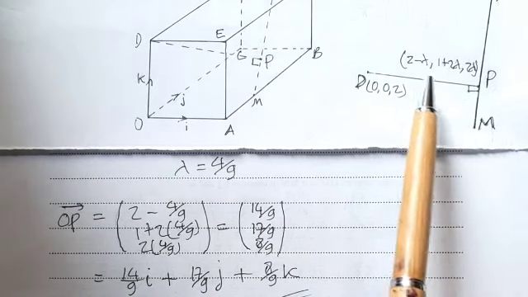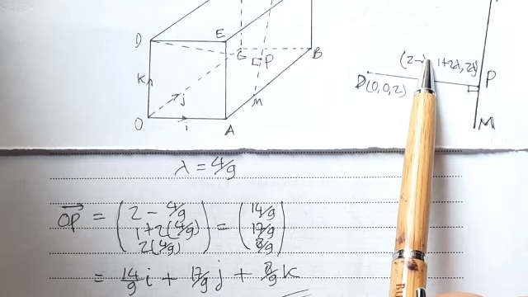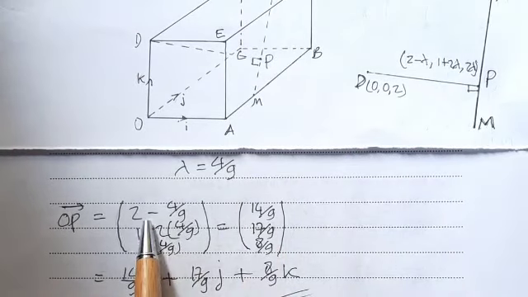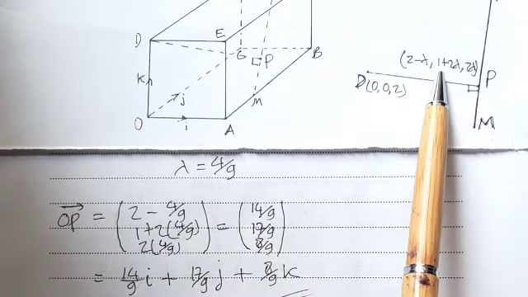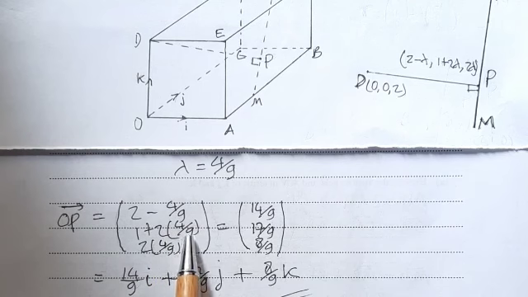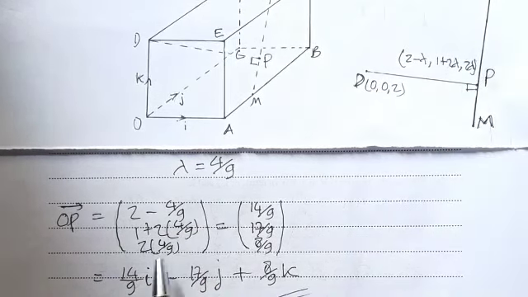Now the position vector of P, that is OP, just substitute lambda by 4 over 9. The component in the i direction is 2 minus lambda, 2 minus 4 over 9. The j direction is 1 plus 2 times lambda, 1 plus 2 times 4 over 9. Then in the k direction, that is 2 lambda, 2 times 4 over 9.